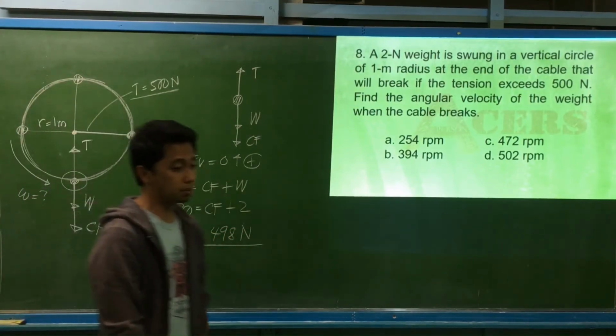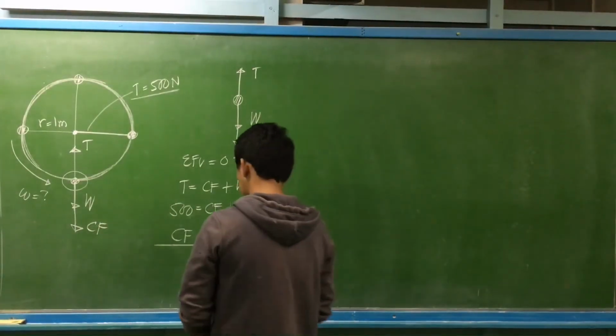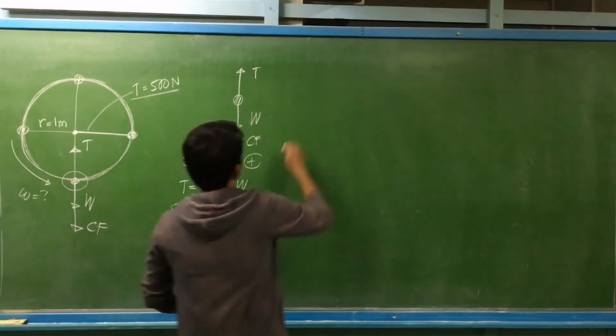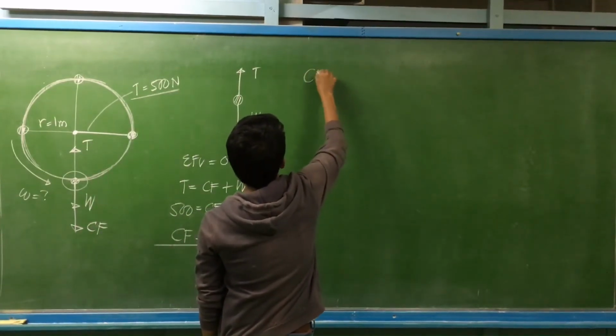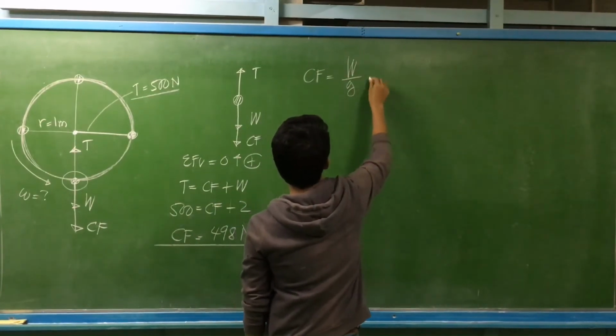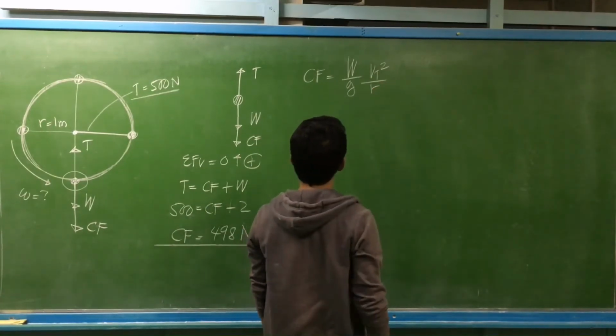Okay, so what is the equivalent of centrifugal force? We discussed the equivalent of CF a while ago. That is the weight divided by the acceleration due to gravity, times tangential velocity squared divided by the radius.